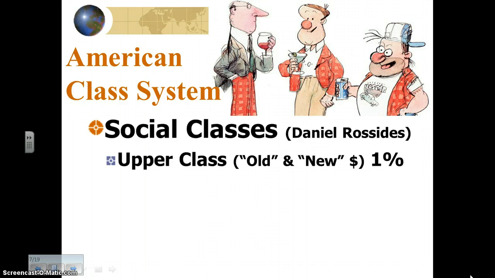That money's been passed on through inheritance. New money is typically acquired due to somebody's own efforts. The wealth still buys the same things, but the prestige is not nearly the same as old money. So that's, generally speaking, the upper class.